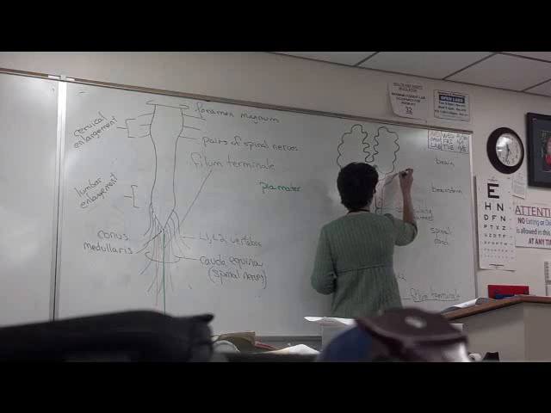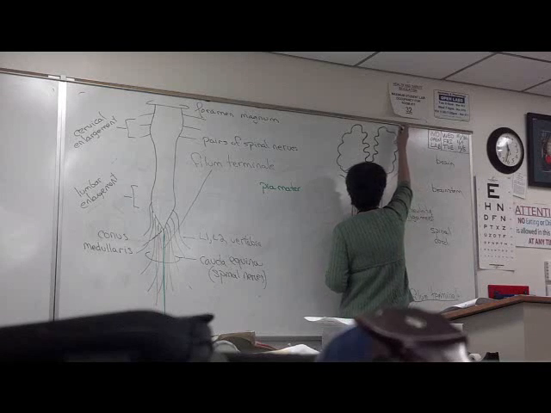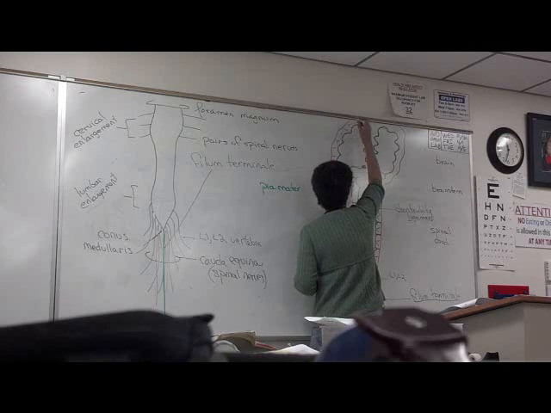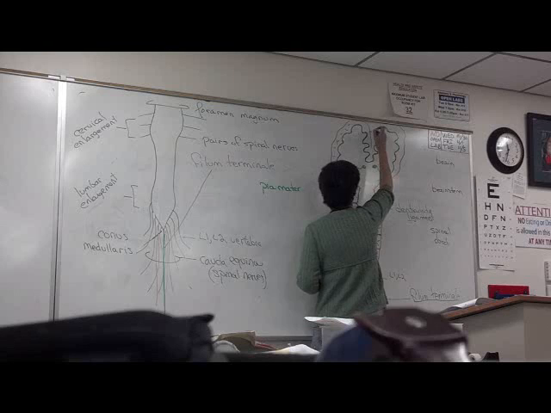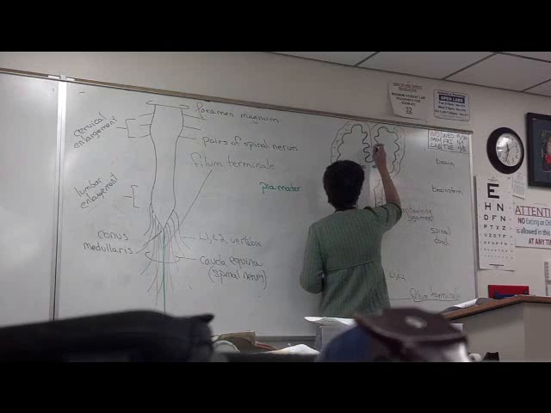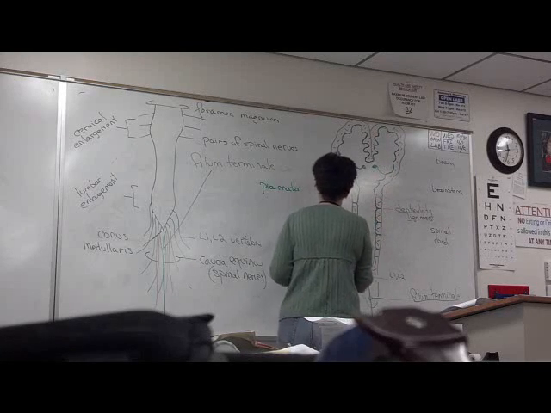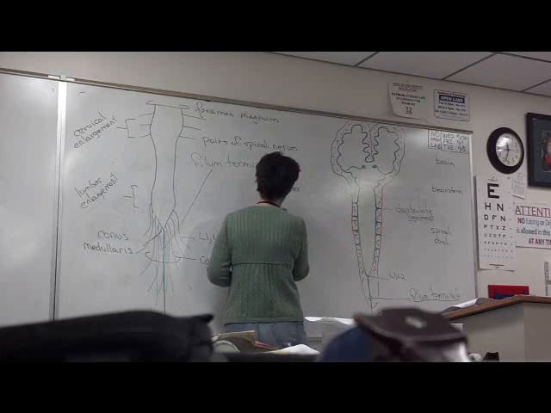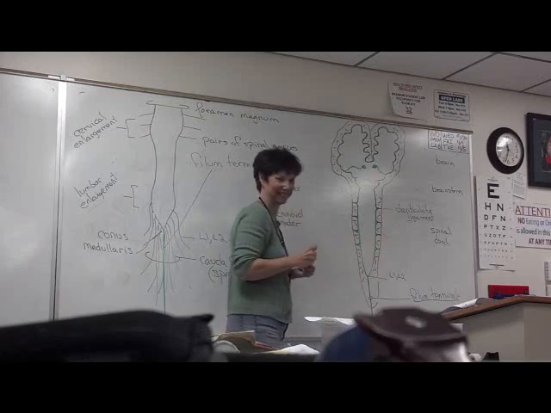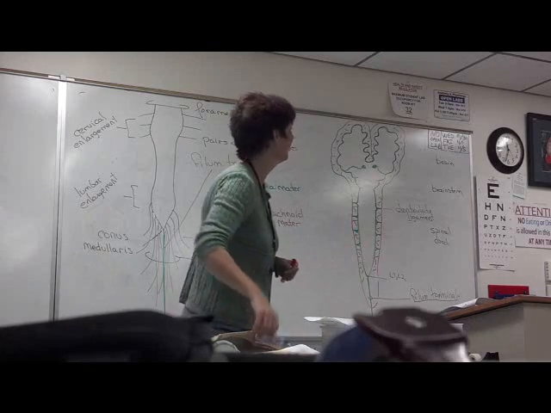And this also goes all the way around the brain. It doesn't go into every little fold. So this would be the arachnoid mater, or the spider mother, what we always wanted.